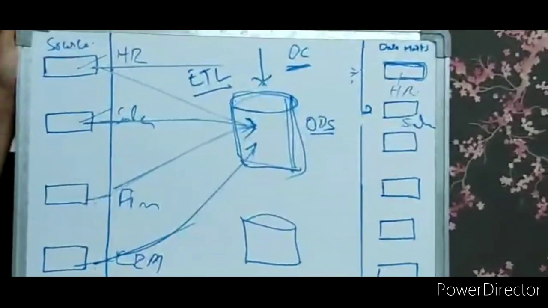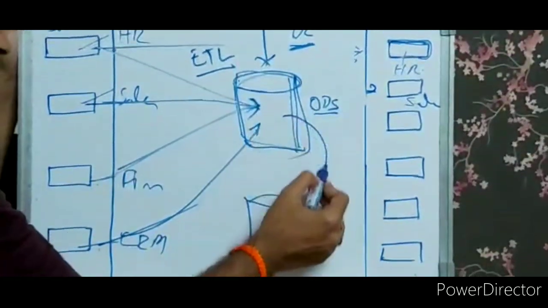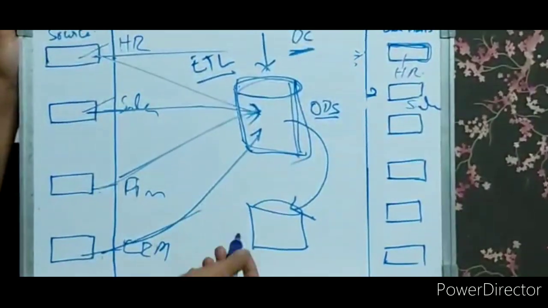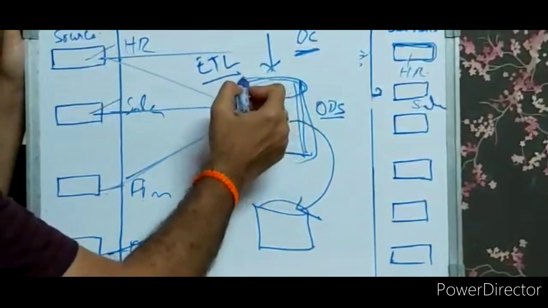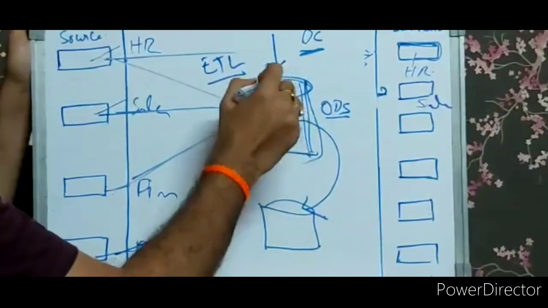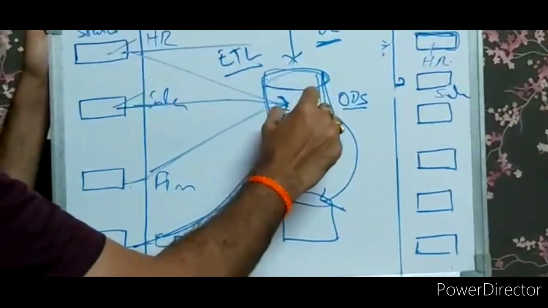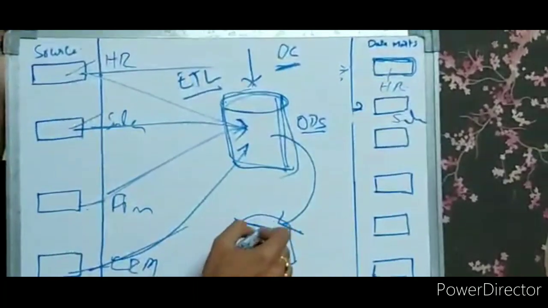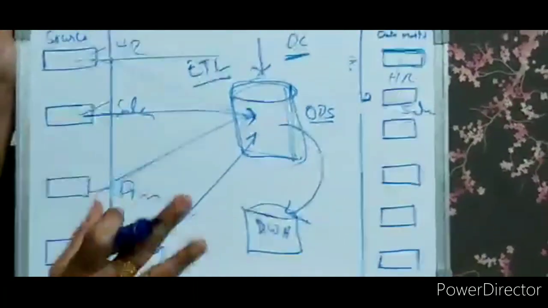So we will again have to integrate this ODS data with the historical warehouse data, right? ODS typically would have a volatile, integrated snapshot of the current data, whereas the data warehouse would contain historical data.